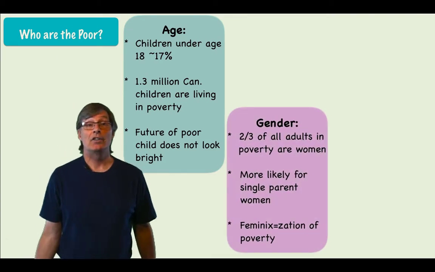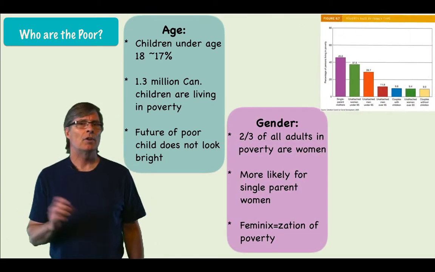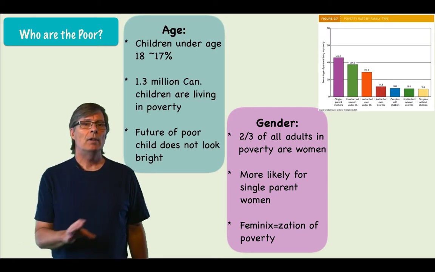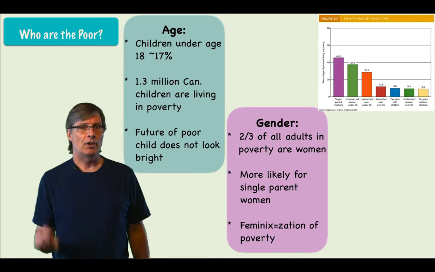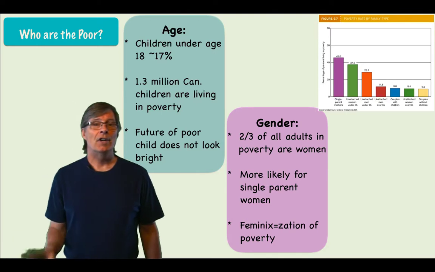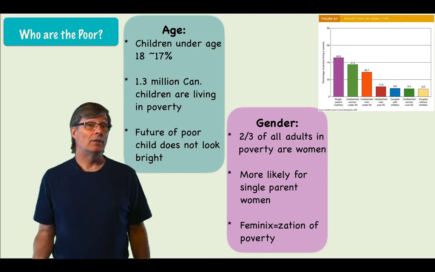Now let's look at gender. About 2/3 of all adults living in poverty in Canada are women. Women in all categories are at greater risk of poverty than men are. The risk is particularly significant for single-parent families headed by women. All women are not equally susceptible to poverty.